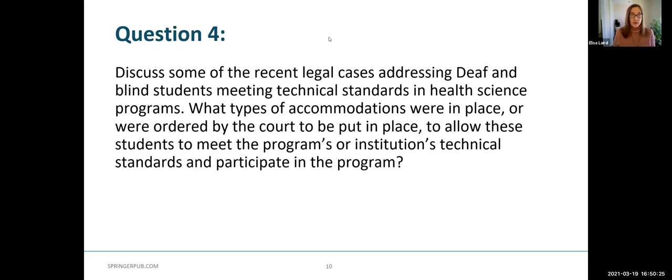And then there are a few medical schools that now have started using intermediaries for physical tasks, to do some hands-on things that a student is physically unable to do, knows how to do, understands the processes of, can easily pass tests about, but can't physically demonstrate themselves due to a disability.